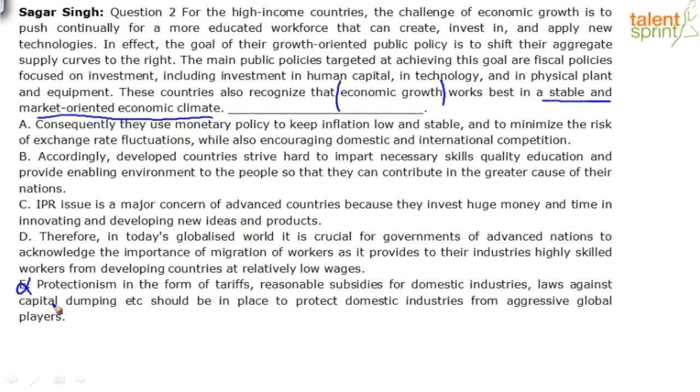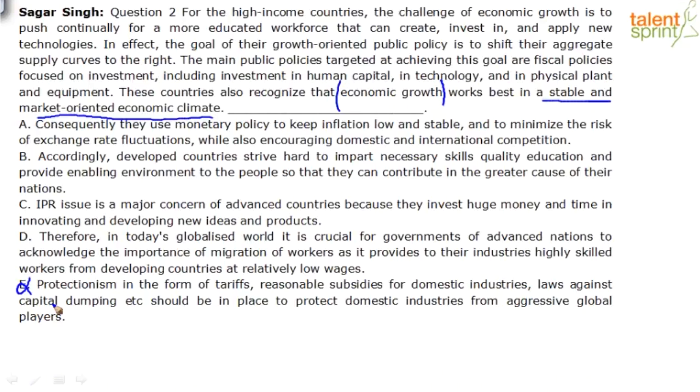Let's look at D. Therefore, in today's globalized world, it is crucial for governments of advanced nations to acknowledge the importance of migration of workers as it provides to their industries highly skilled workers from developing countries at relatively low wages. Okay. Now, what is D addressing?